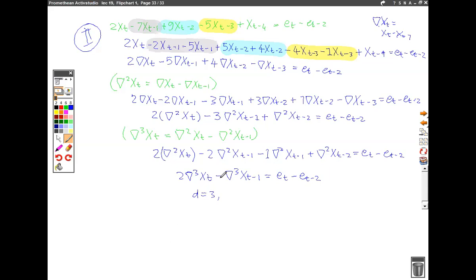And I'm looking at xt and xt minus 1. So my p should be 1. And here my q should be 2. But we already know that this is not the answer. We know that the answer is something else. But is there something else that we can do here?